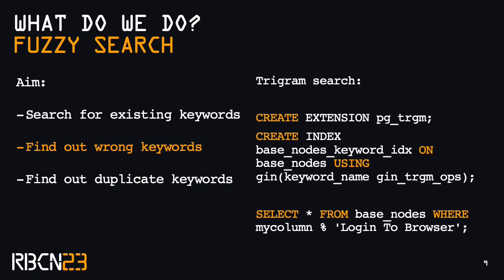And the last goal is to find duplicate keywords with similar usage and reduce them. For this purpose, we will use a fuzzy search such as trigram search. To implement it, we need to first install the extension pg_trgm and then generate a GIN index, which is a generalized inverted index, for our database.